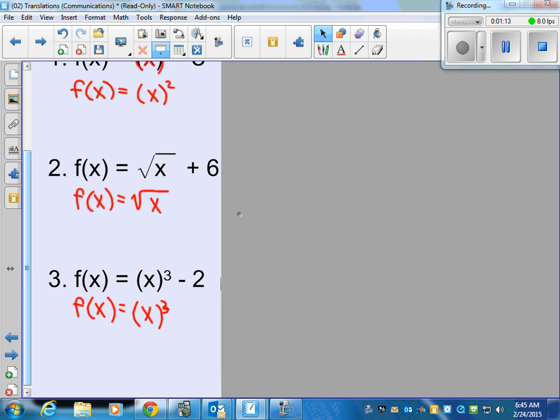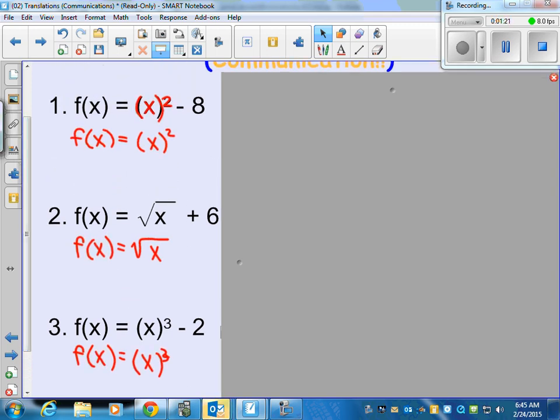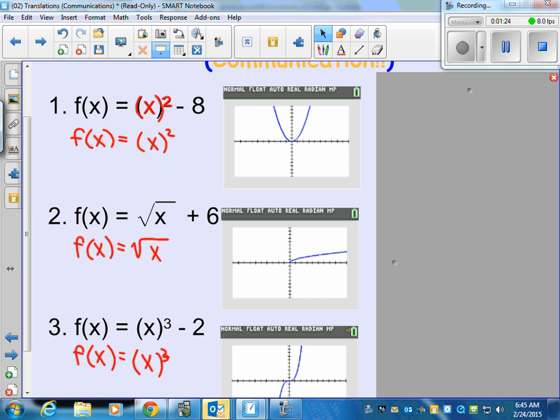Now, in the last lesson you went through and used function substitution to create the parent function graphs to look at those values. So here is an image of each of the parent function graphs.